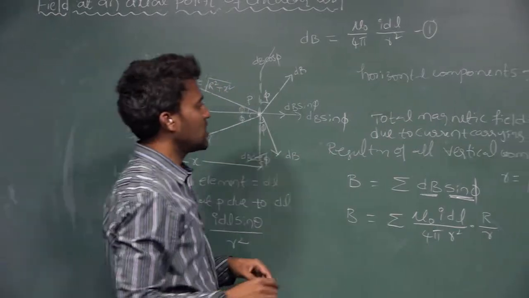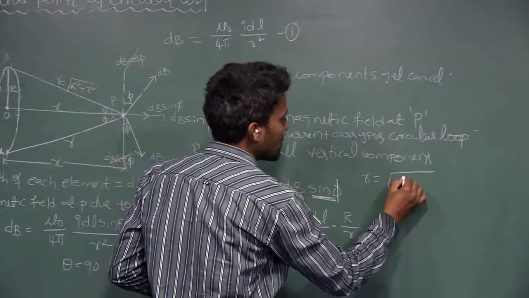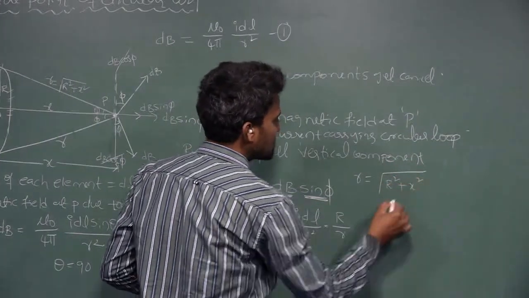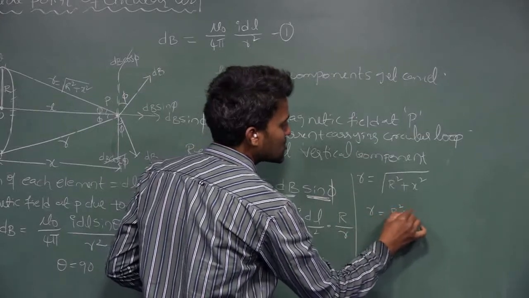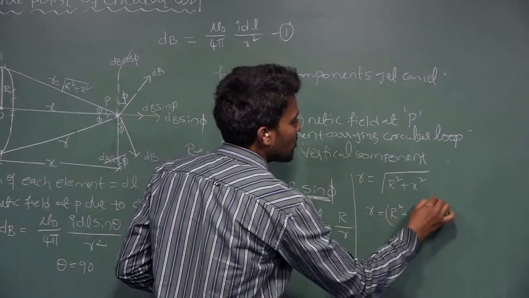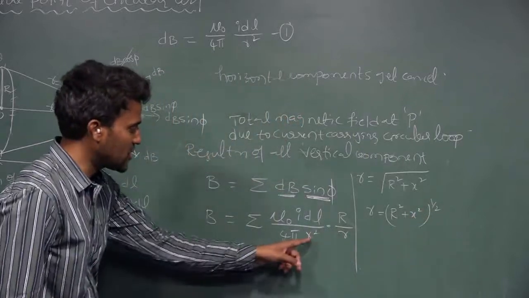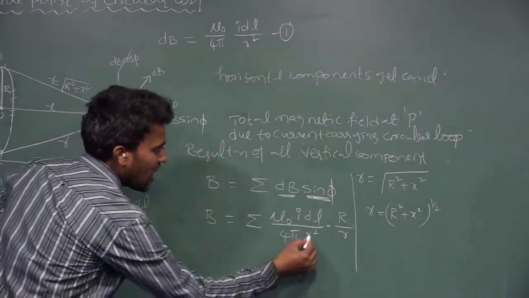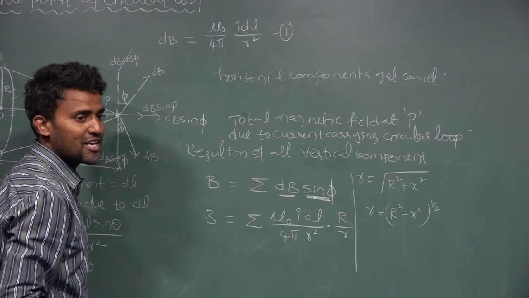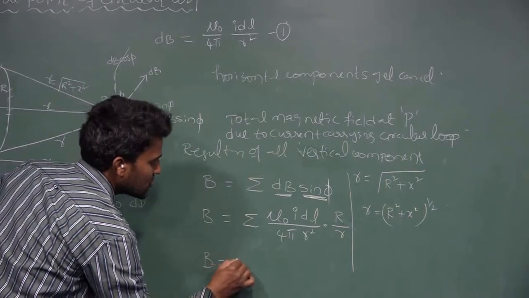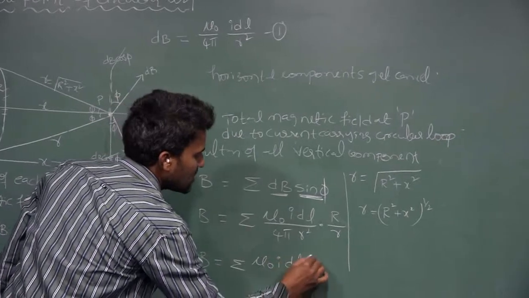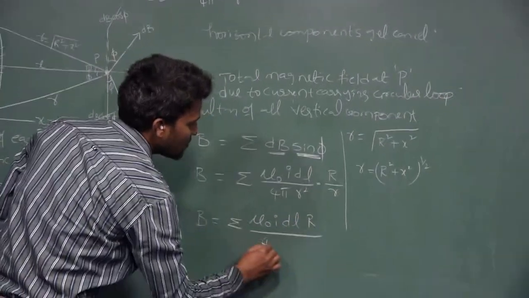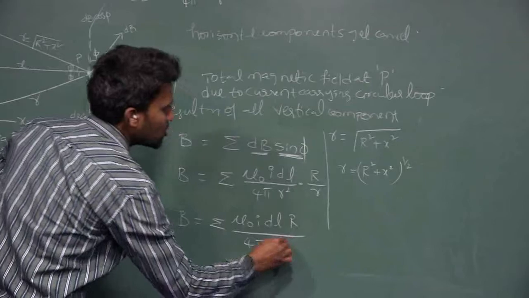You can write that as capital R square plus X square to the power of 1 by 2. You can substitute that here. R square into R is R cube. B is equal to the summation of mu naught I dl capital R divided by 4 pi into R cube.